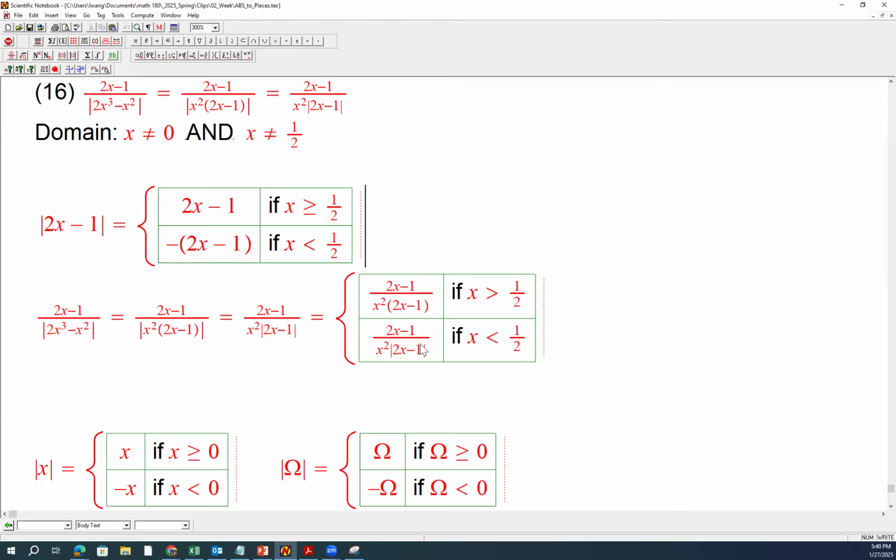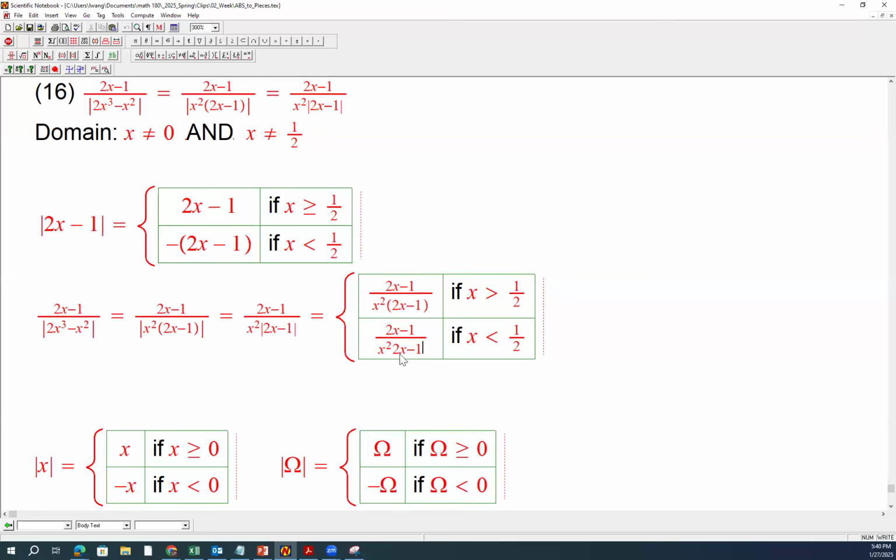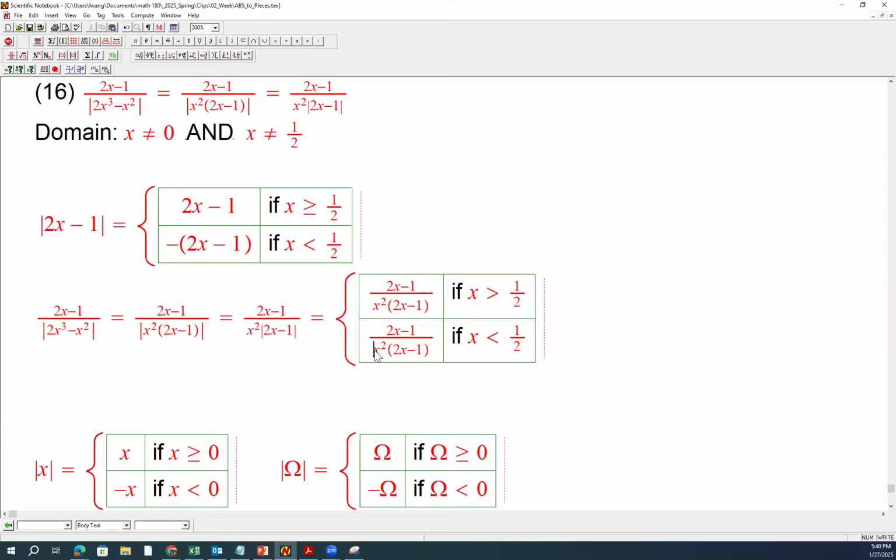And now, when x is less than half, the absolute value of 2x minus 1 is the opposite of 2x minus 1 in parentheses. So now we can drop this and replace it by parentheses, and there's a negative sign. So now we can reduce the 2x minus 1.